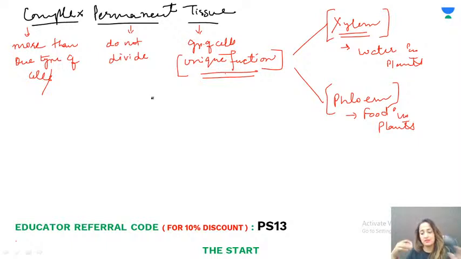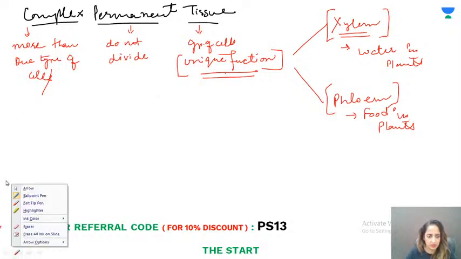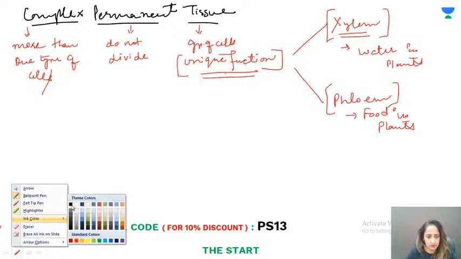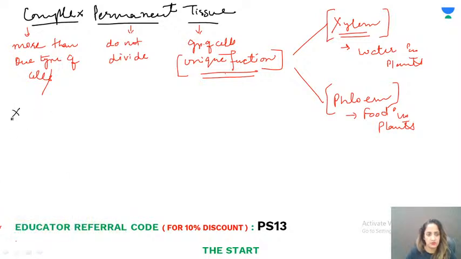Now, as I said, these are called complex permanent tissue. Why? Because they are made up of different types of cells, right? So what are the different types of cells that make up the xylem and phloem? Let's quickly discuss that. Okay. First of all, take some other color. First of all, let's talk about xylem.